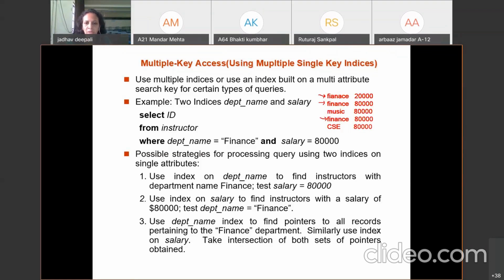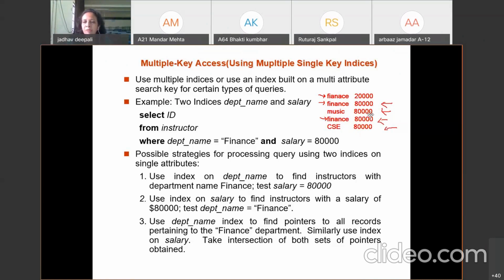Similarly, use the index on salary and find the pointers to the tuples with 80,000. So here we have the first 80,000, 80,000, 80,000, and 80,000. These 4 pointers point to the records with 80,000. Now make the intersection of these two.